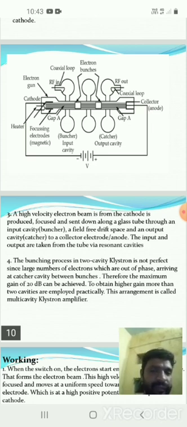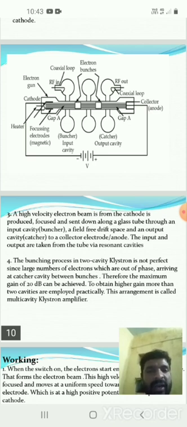That means the electrons are generated from the cathode, and these electrons are transferred into the glass vacuum tube. At the starting, we have the input cavity called the buncher, and at the ending we have the output cavity called the catcher cavity, and at the last end we use a collector anode which is used to attract the electrons.